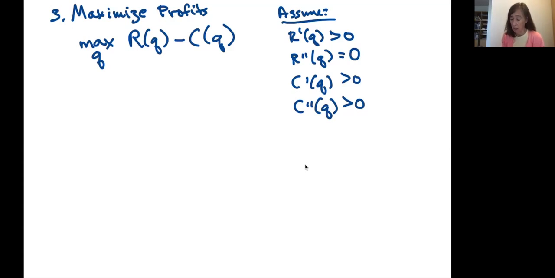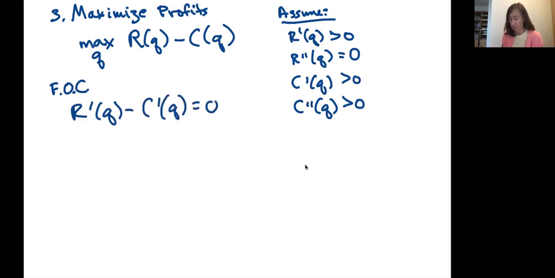And so what is the first order condition here? First derivative, nothing tricky about this one. The first derivative has to be equal to 0. What that is saying is that the first derivative of revenue with respect to quantity has to exactly equal the first derivative of costs.